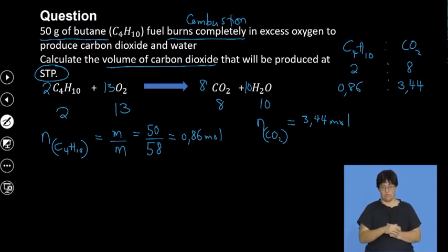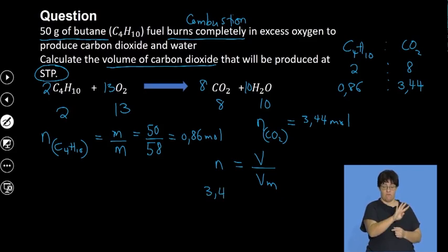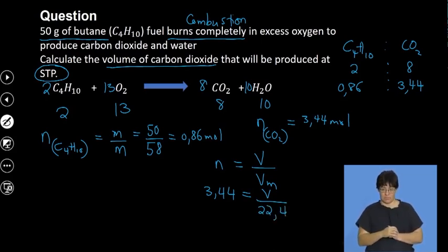So moles is equal to volume over molar gas volume. Now, for us to determine the volume of carbon dioxide gas, we say 3.44 moles is equal to the volume that it will occupy divided by the molar gas volume, which is 22.4 cubic decimeters.